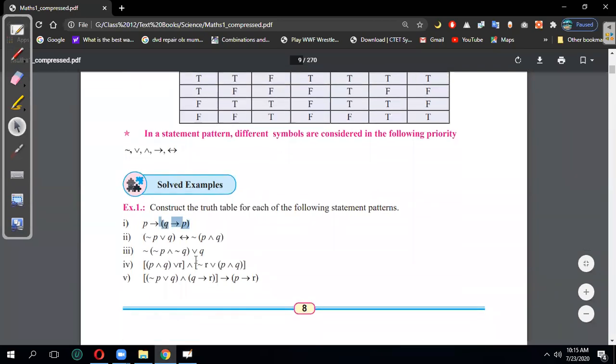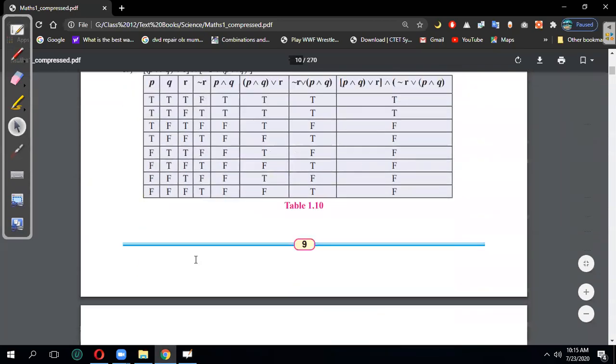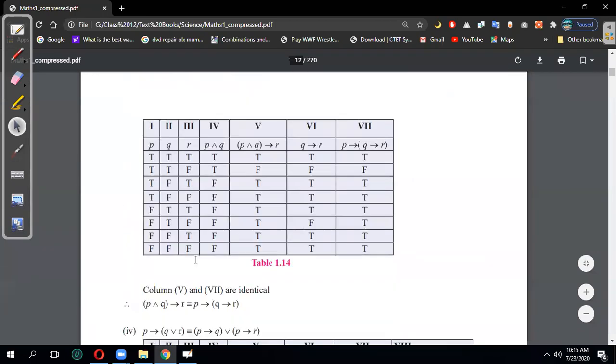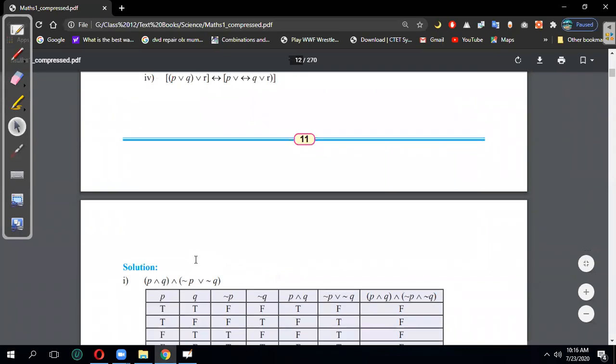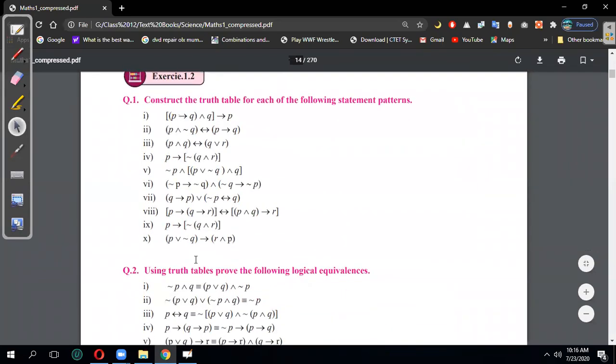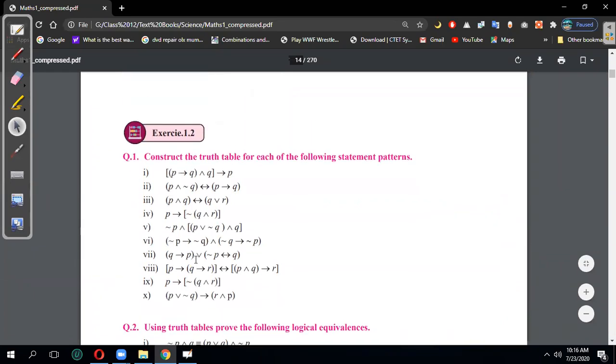Okay, so directly start with the exercise part. I hope now you guys know how to write the truth table, but for your simplicity, I will show you the question again. Let us start with the first question again.